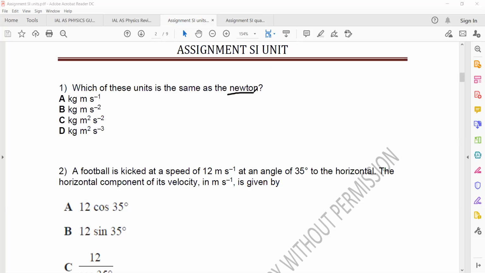So Newton, as we know, F is equals to ma. Everyone should participate, so it shows your understanding of the topic. So F is equals to ma, and mass is kilogram, acceleration is meter per second square, or we can say kilogram meter second minus 2. So B is the right answer.